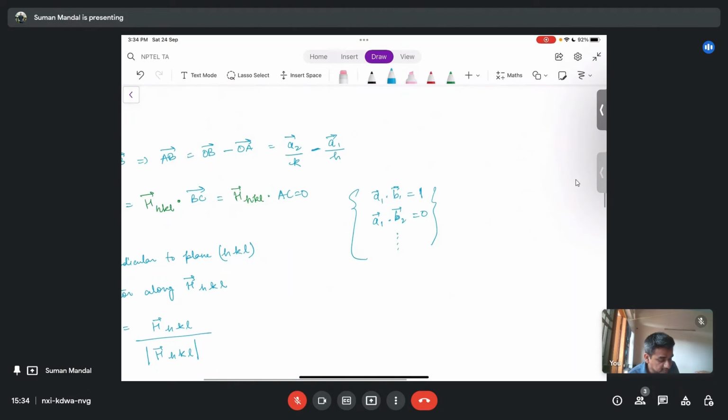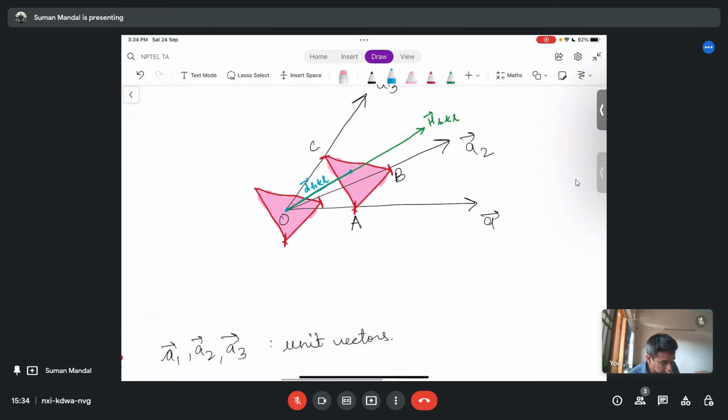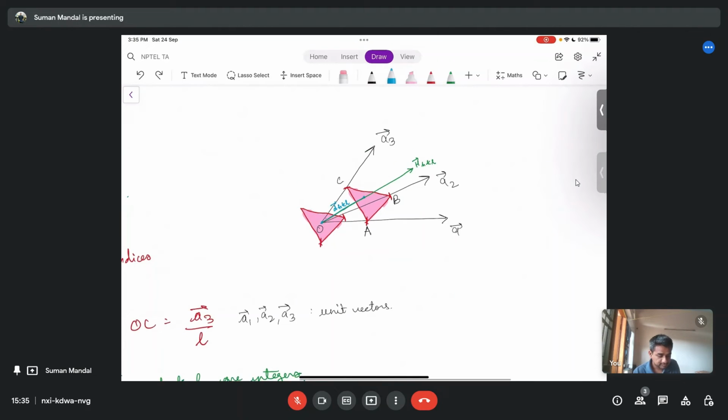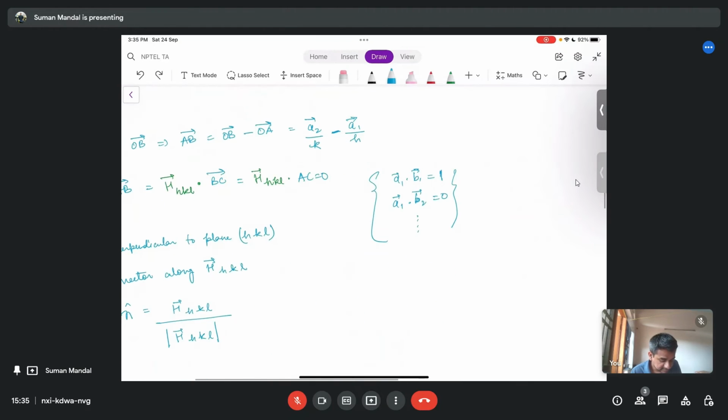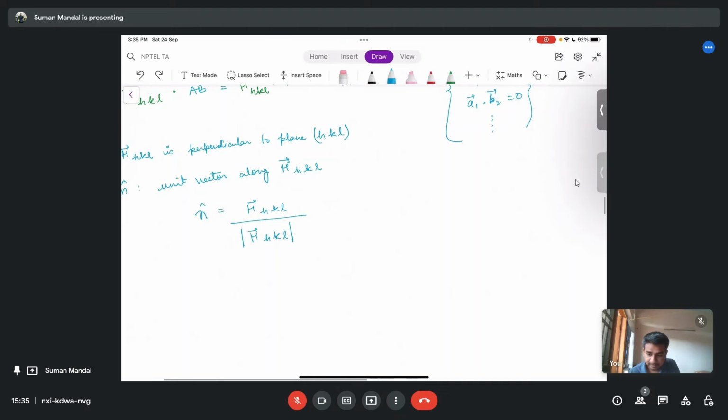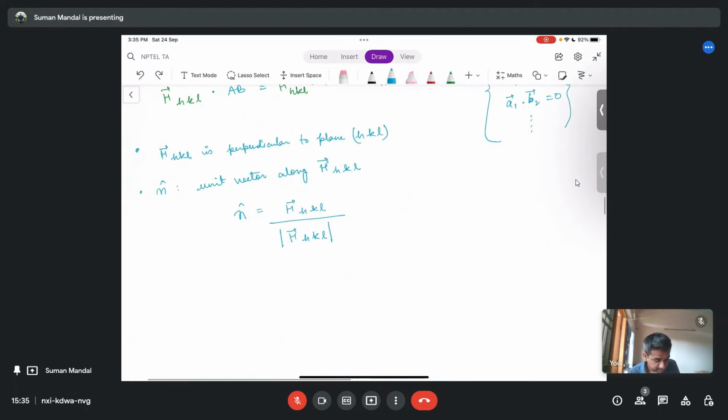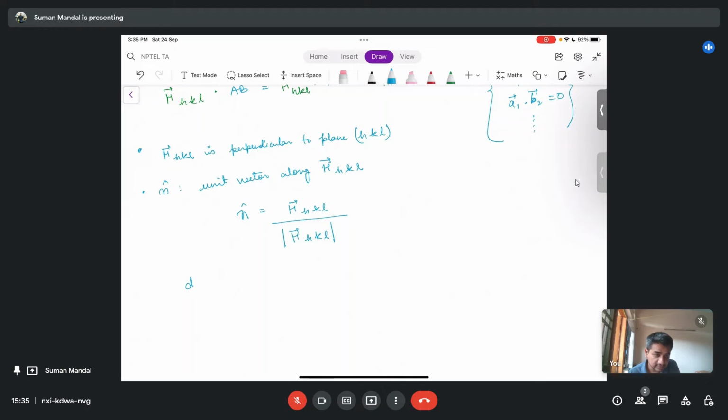So now to find out the distance, if we take the component of OA along the direction of the HKL lattice, then we'll get the magnitude of the lattice spacing.